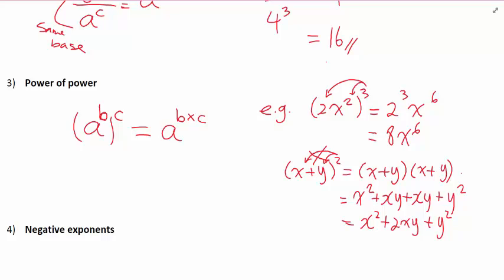You do have x squared here, and you do have y squared also, but you also have this middle term, and that middle term is this times 2. You understand that? Okay. Yes.